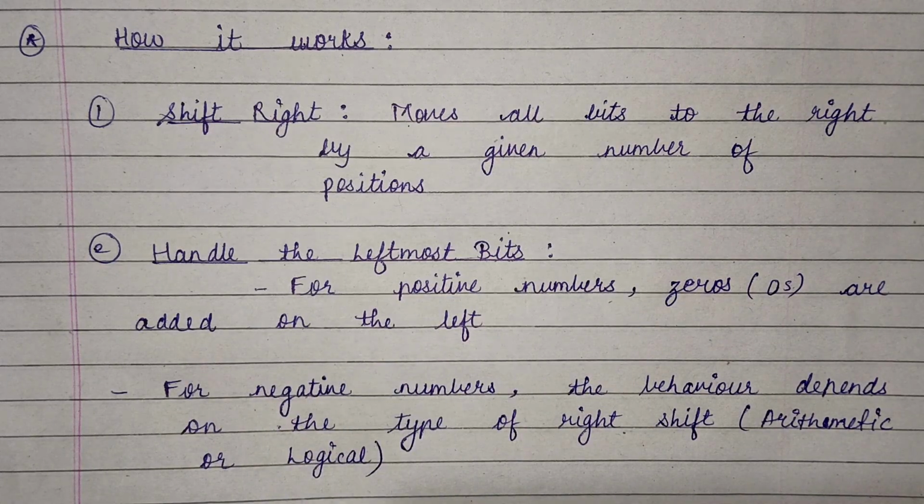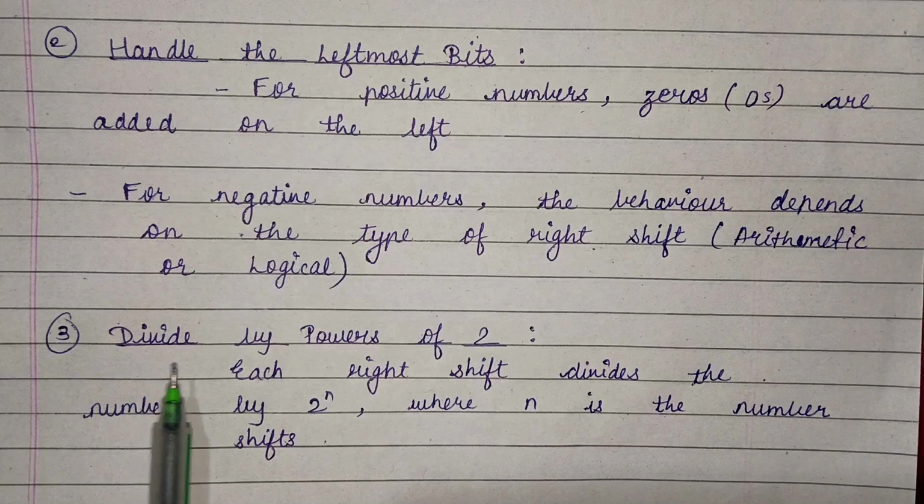For negative numbers, the behavior depends on the type of right shift, whether it is arithmetic or logical, and the bits are assigned as per that behavior. The next point is divide by powers of 2.